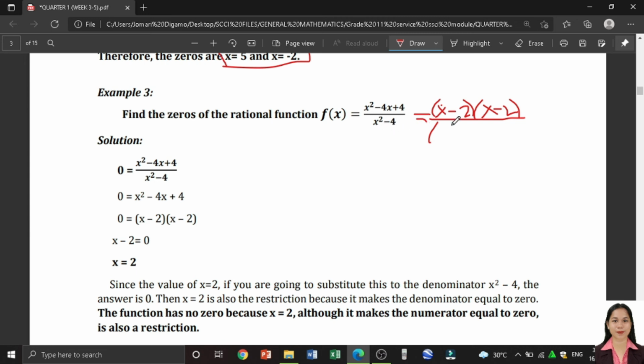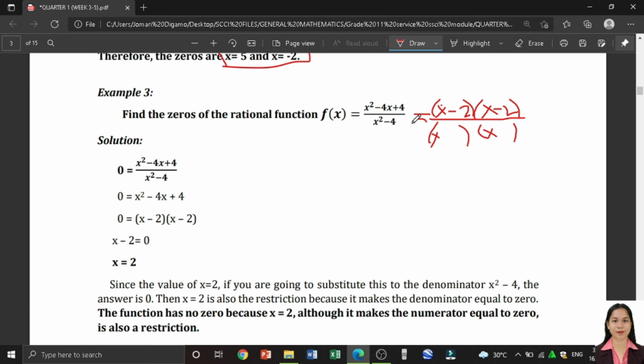So for the sum and difference, we have to write two binomial factors again. And how do we factor the sum and difference of perfect squares? You just get the square root of x squared. So what is the square root of x squared? We have x and x, so you write both x and x. Then what is the square root of 4?